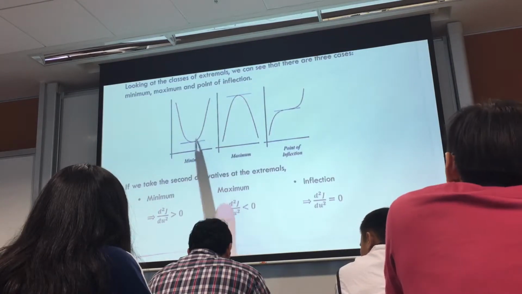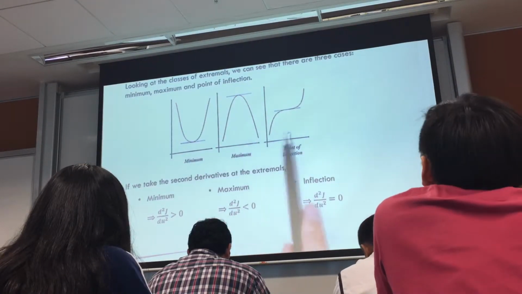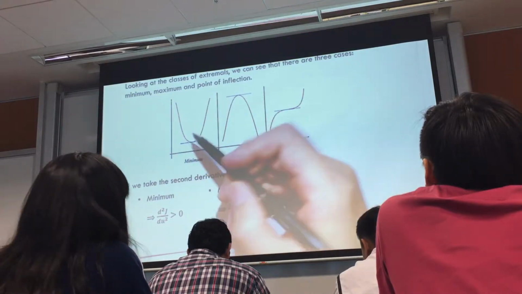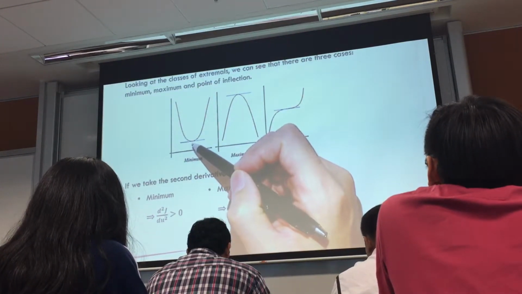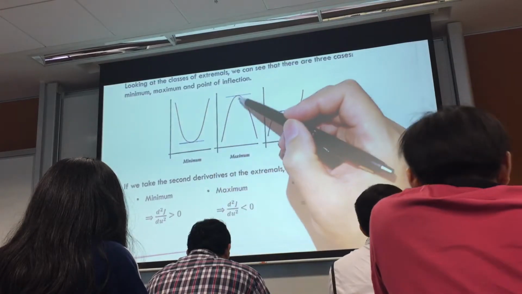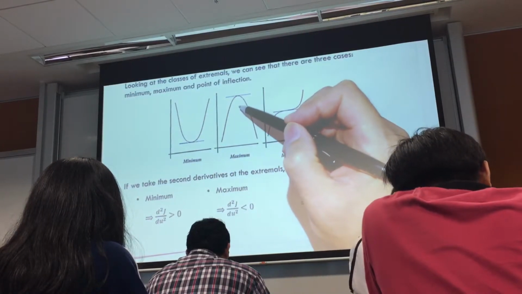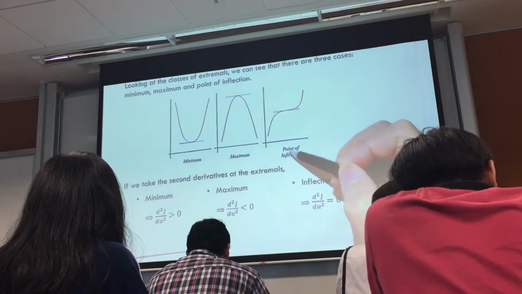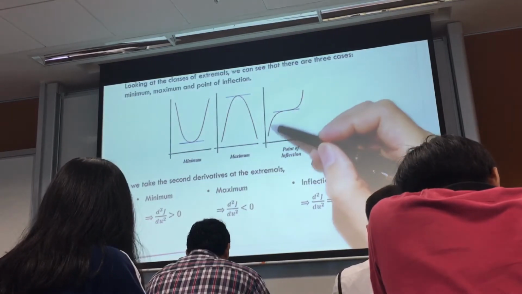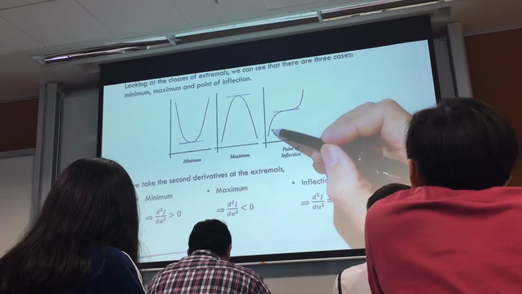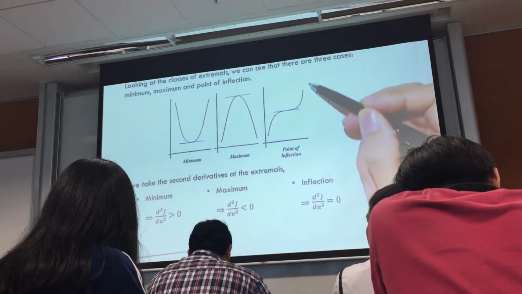We know there are three situations. The point could be a minimizing point, or a maximizing point. Another case is the point of inflection, where there is a change of the shape like this.